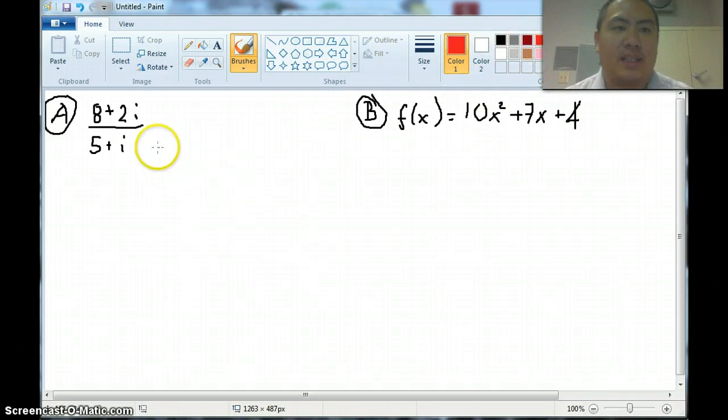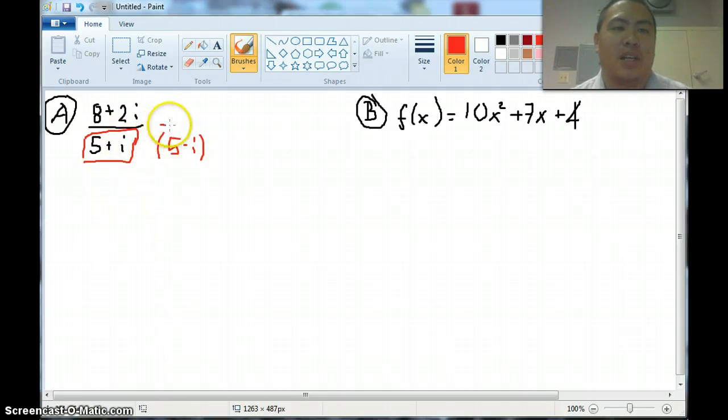Anytime I want to simplify this, you have this piece right here, 5 plus i on the denominator, and what they want you to do is multiply by 5 minus i, which is the conjugate. It's always a plus bi, and the opposite is a minus bi. The reason for that is this is going to give us a nice, regular, real number.